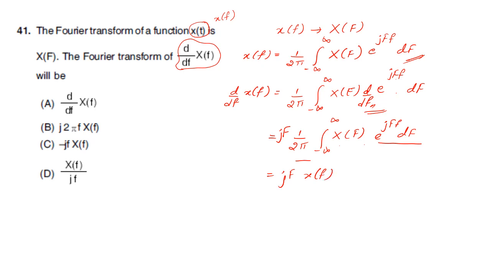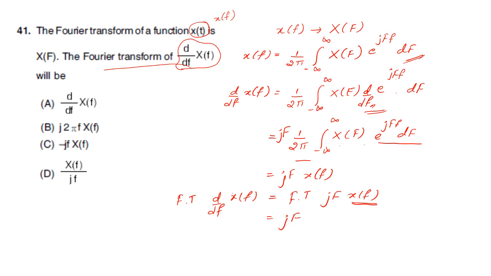Then Fourier transform of this one. So Fourier transform of d by df x of f is equal to Fourier transform of j t x of t. j t is common, so x of t.